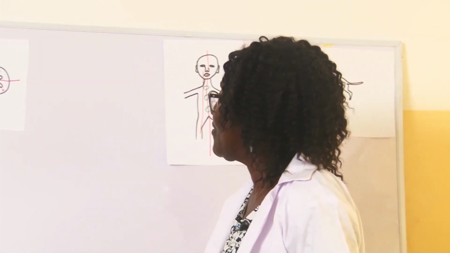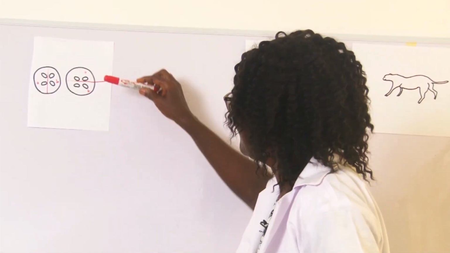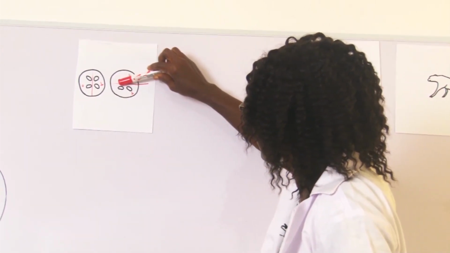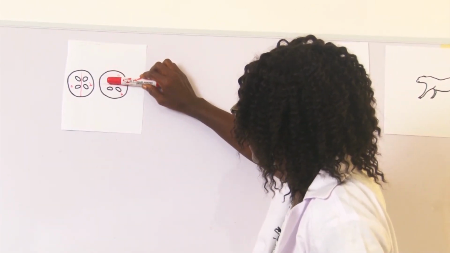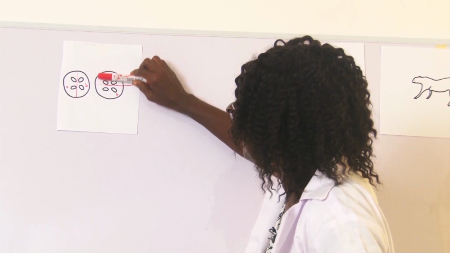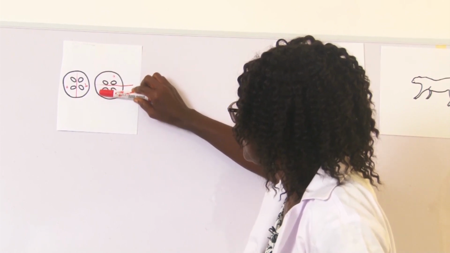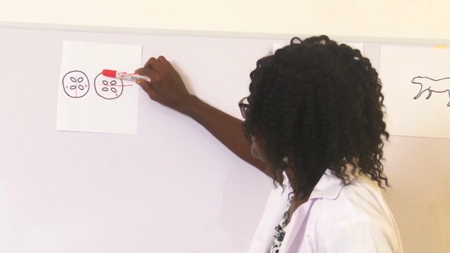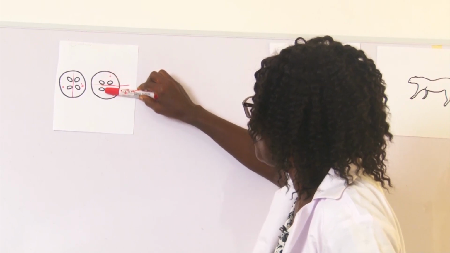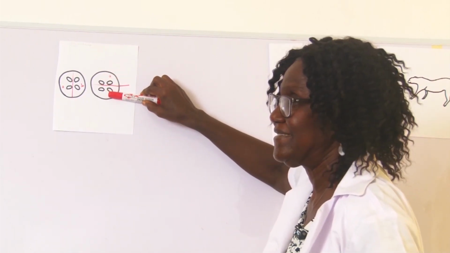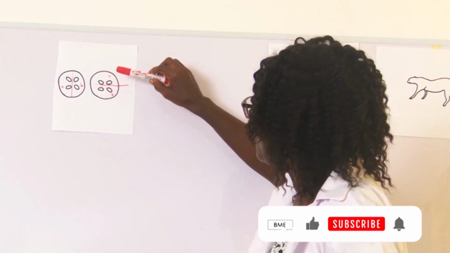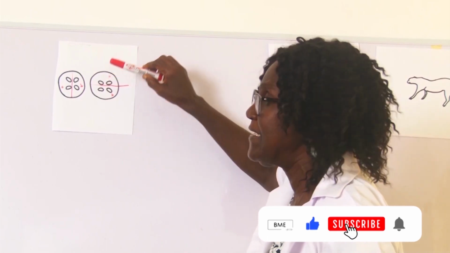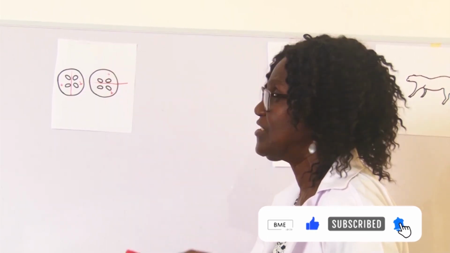Radially symmetrical organisms do the same. If we cut along the right plane, what is in this plane is also what is here. So once we know what is here, we know what is on the other side. And if we don't cut along the right plane, we don't see what we should see.